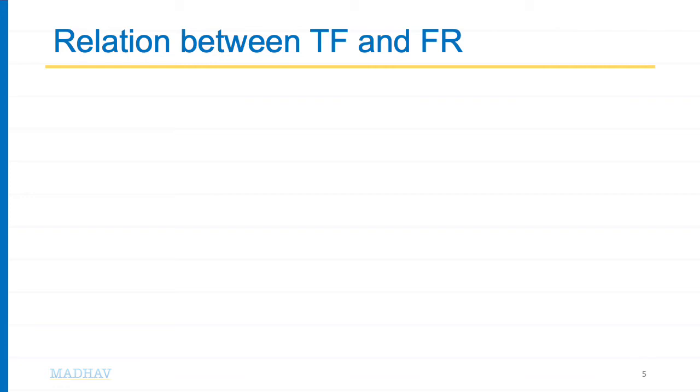Just think about it. It's so simple. Transfer function is H(z), whereas frequency response is H(e^{j omega}). So z is any complex number, and e^{j omega} is a complex number with magnitude 1, and this is a very simple relationship.